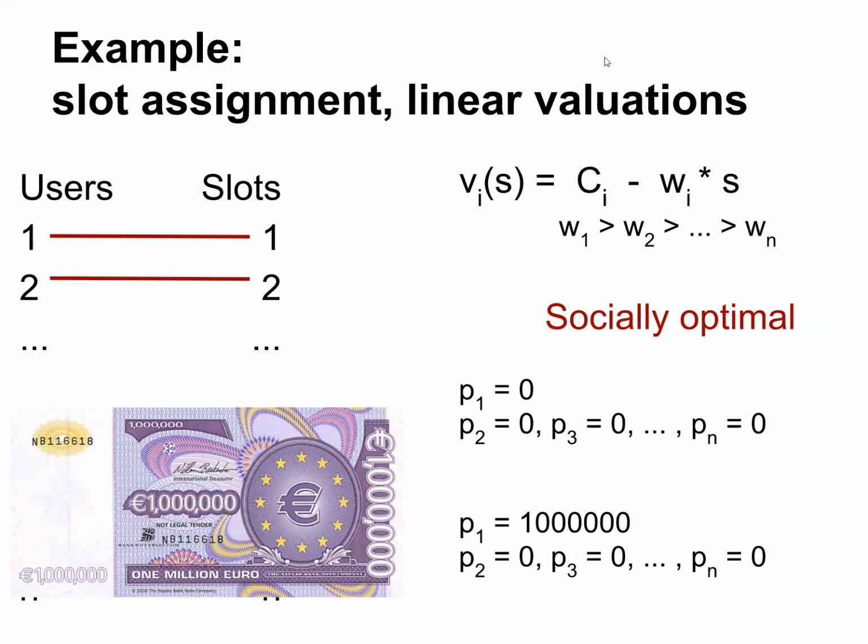Nobody wants to get the first slot because they will have to pay 1 million euros. But still, the users will be afraid of telling their true preferences, because if they do, somebody may turn out to be the user one, the one with the highest impatience. Maybe it's the largest airplane, or there is something very urgent that they really need to land in the first slot. But well, they would have to pay too much.